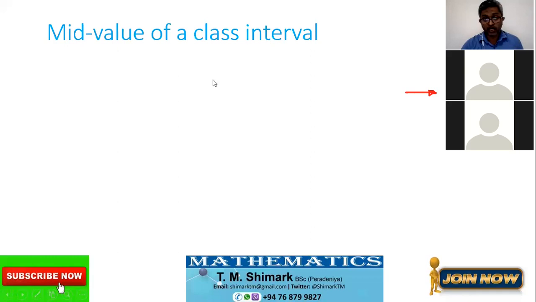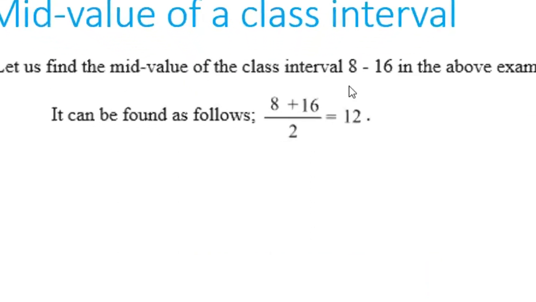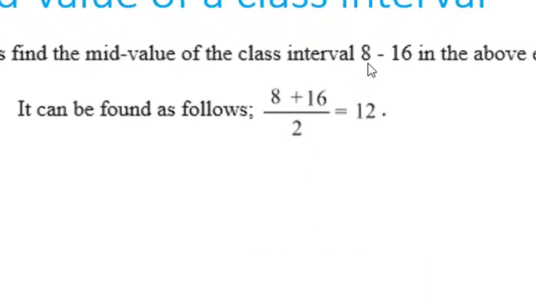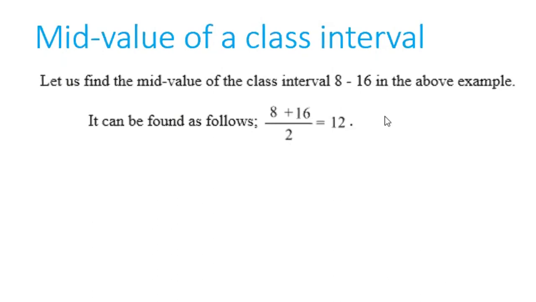Mid value of a class interval. In the earlier example, the class interval 8 to 16 was there. To find the mid value, we add the first and last numbers and then divide by 2: 8 plus 16 divided by 2, so 12 is the mid value.